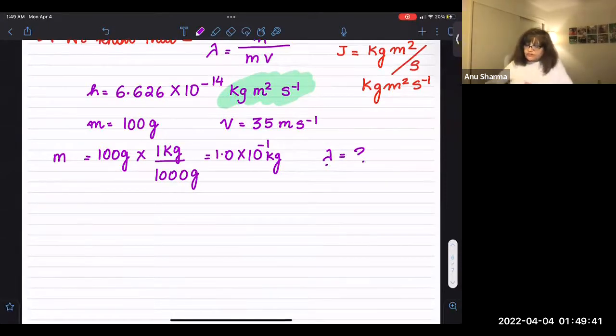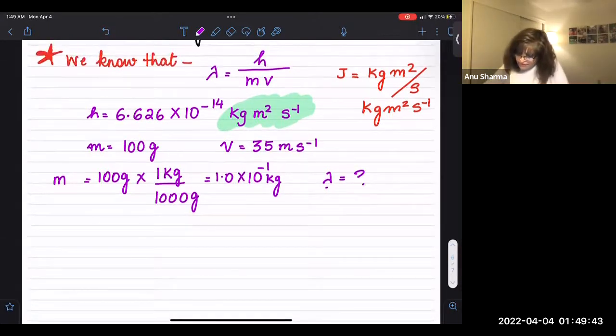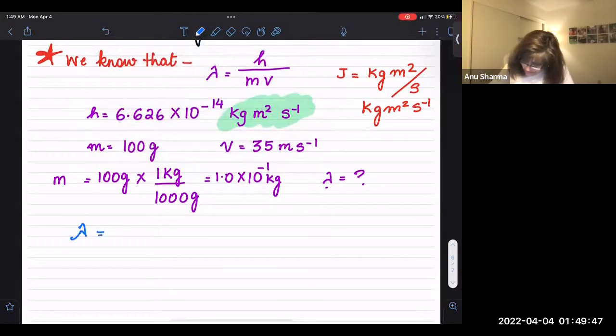Okay, so the rest is we just have to plug in the numbers. Wavelength is equal to h over m times v, that is mass times velocity.